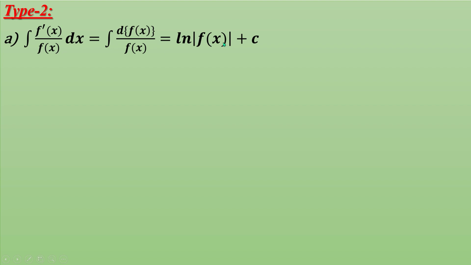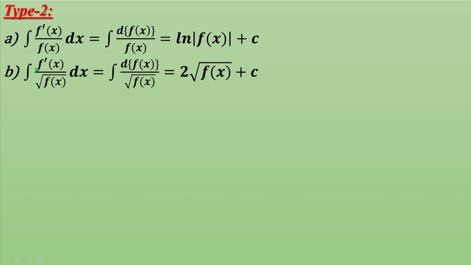Here the denominator is f of x, plus c. This form and this form are the same, because in my previous theorem I had explained that f prime x dx and df of x are the same. Clear?